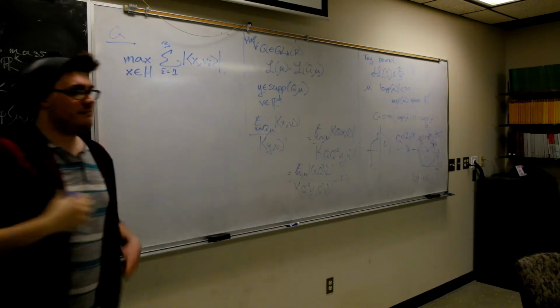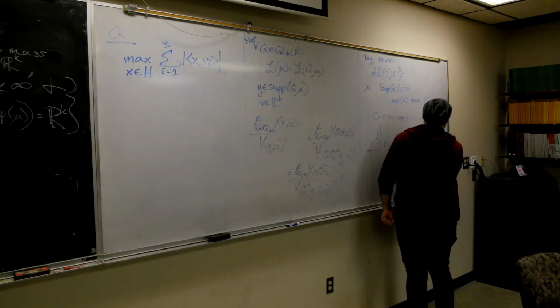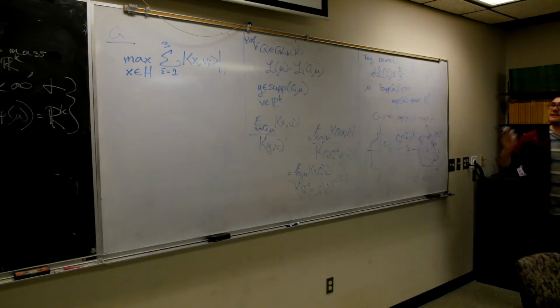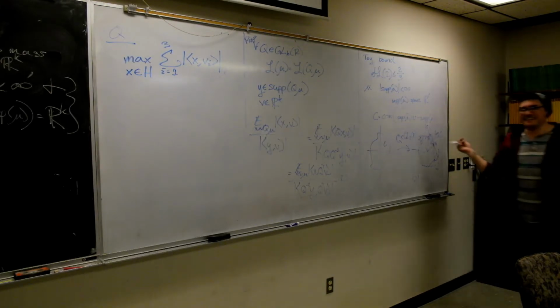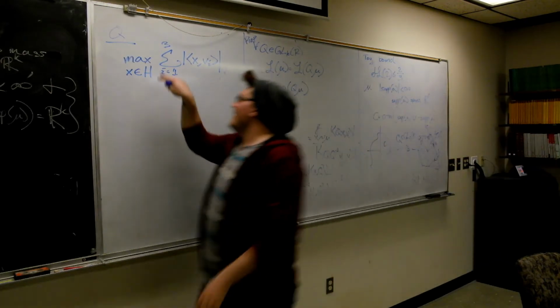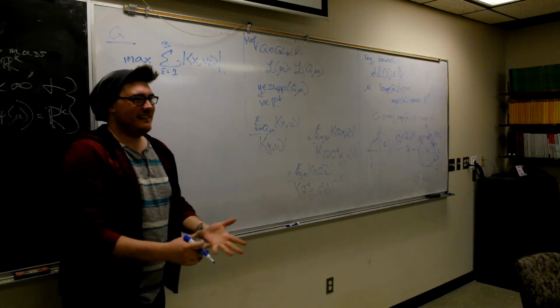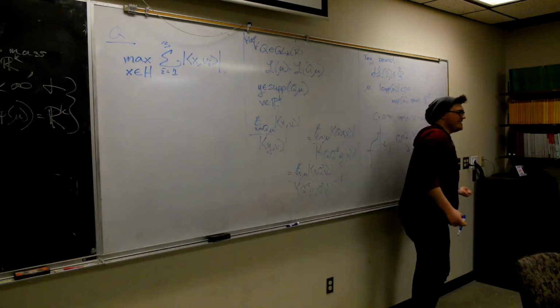Is the hexagon the boundary? Yes, this is the hexagon boundary. I'm forgetting about QC for a moment. I'm just asking what's the largest inner product added up with these guys? Well, this is an easy question. H is convex, the sum is convex, so I know that the optimum must occur at one of the vertices of H.